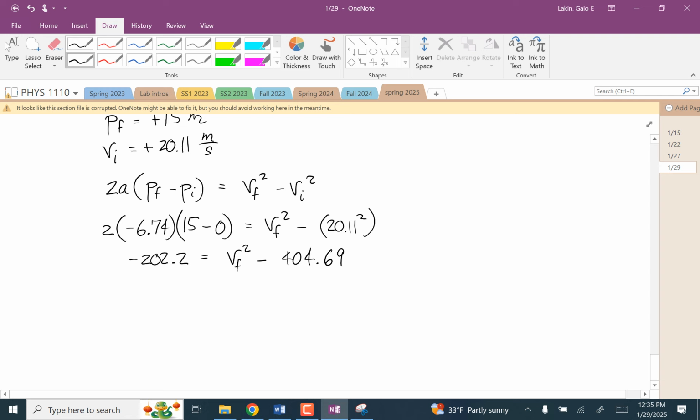Now add 404 to both sides. And you basically get positive 202.49, that's just round off error, those really should be the same, is equal to VF squared. Okay, and now here's the other thing that you haven't seen in a problem yet, I don't think.